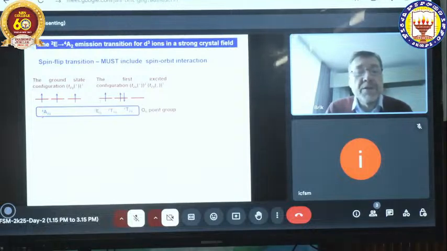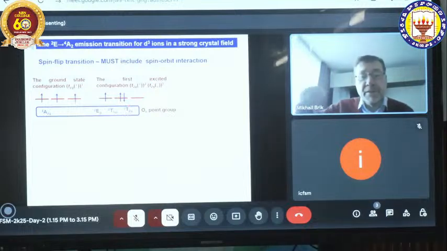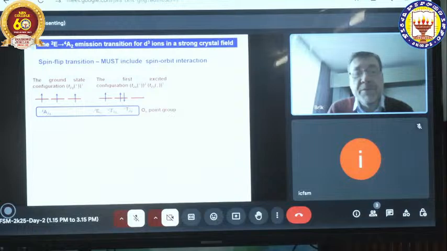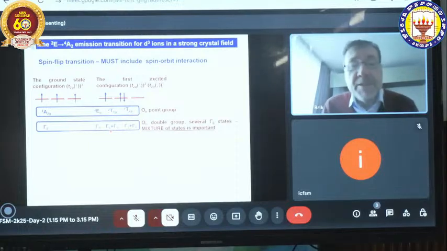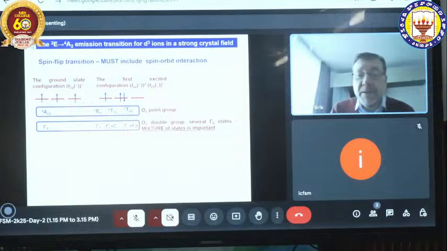For the ground state we have 4A2g, and for this configuration of excitation with spin down we have 3 possible states: 2Eg, which is in fact the level of emission, 2T1g and 2T2g. But if you take into account spin-orbit coupling, these states 2T1 and 2T2 will be split into gamma 6, gamma 8, gamma 7, gamma 8.